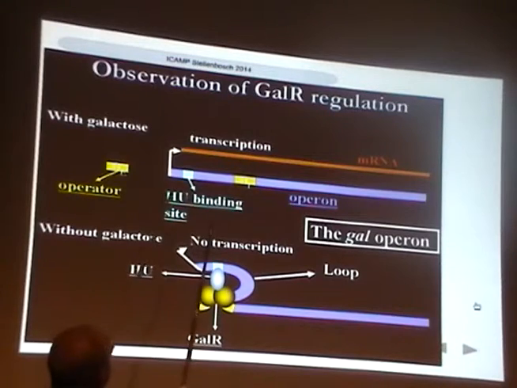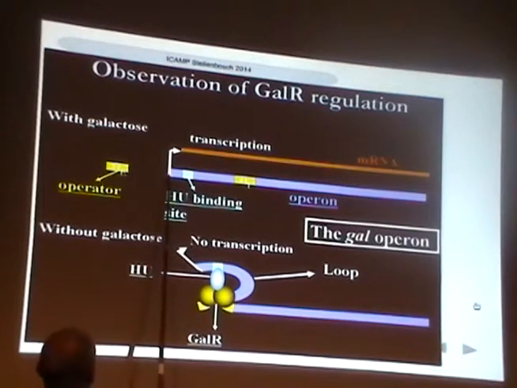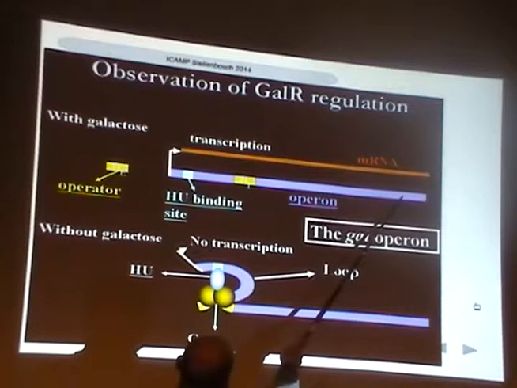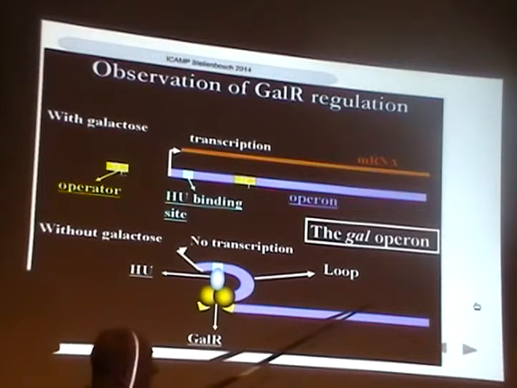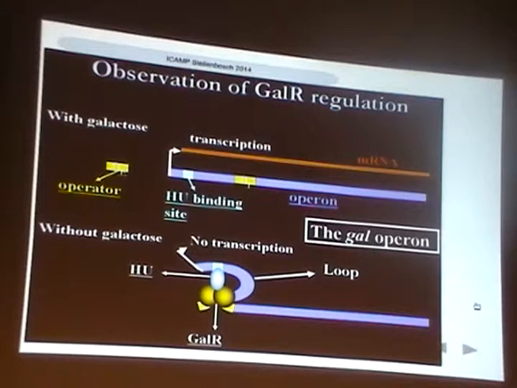So if you had to express the genes, your RNA polymerase will bind here and will read the DNA sequence in that direction. If you form a loop, maybe your RNA polymerase will bind, but since it's blocked here, it will not be able to escape and to transcribe the gene. Okay? It's a way to regulate the activity of genes.